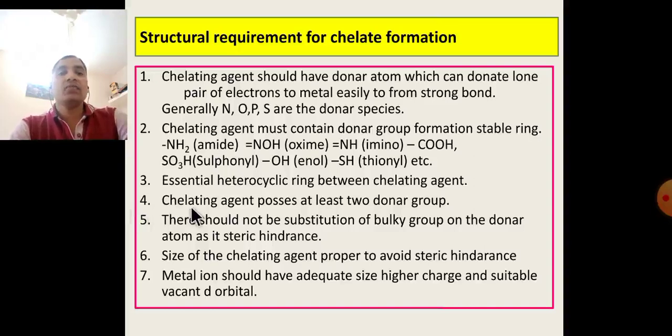Fourth, the chelating agent possesses at least two donor atoms. That is, the ligand contains at least two donor groups. Fifth point, there should not be substitution of a bulky group on the donor atom because of steric hindrance. If a bulky group is substituted on the ligand, steric hindrance is formed, and that hinders electron donation and ring formation.